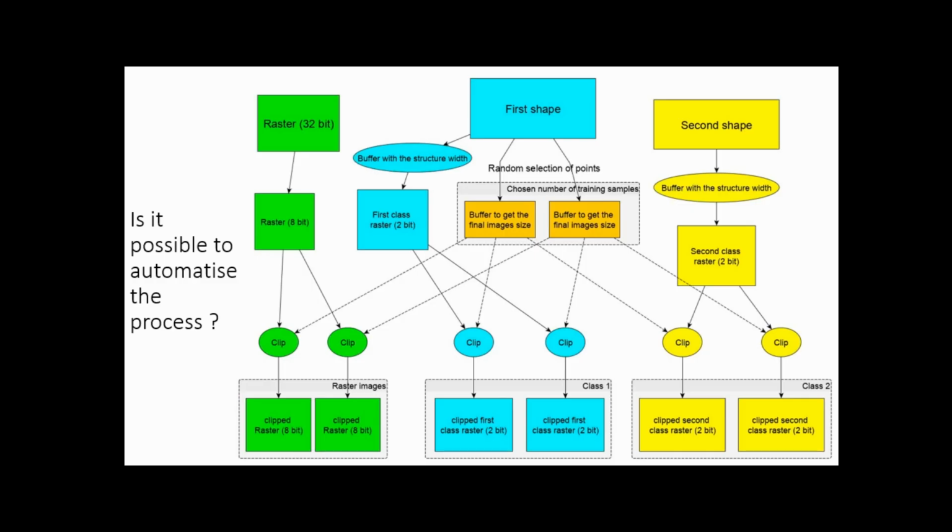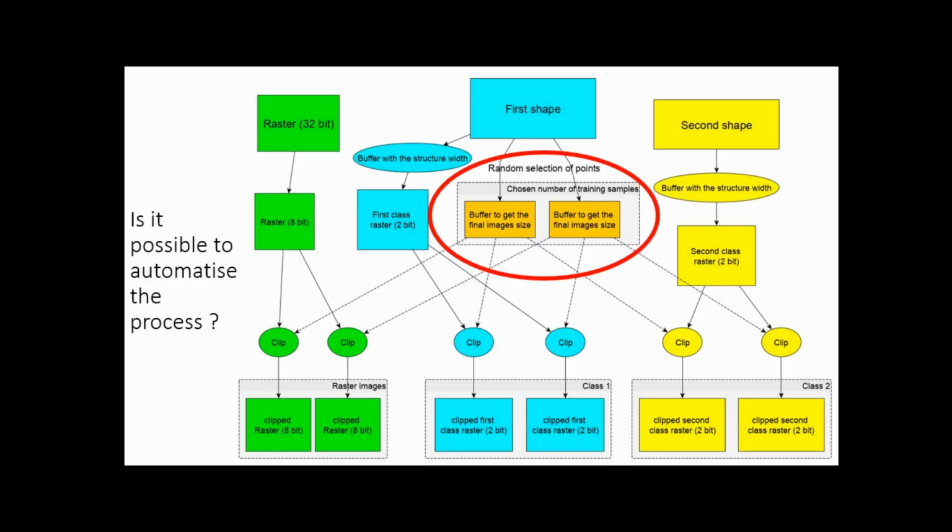So the first step is to get, for the output images, a buffer of the right size, which is here on the screen, which will be used to keep every raster image in the end. Afterwards, we also have to transform our input shapes into 2-bit rasters, which we usually do by hand, as I showed on the previous slide.